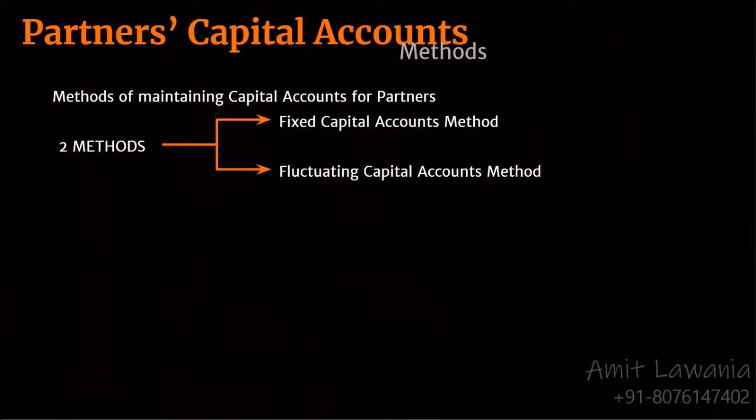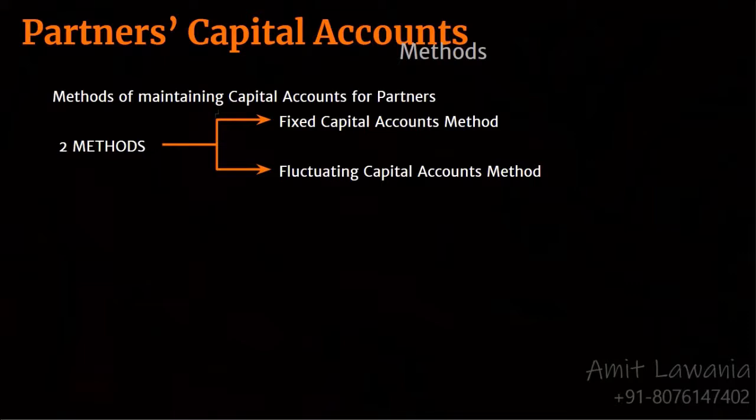So all the changes take place in the current account, and the capital account generally remains constant. On the other hand, in fluctuating capital accounts, all the transactions are recorded in the capital accounts of the partners.